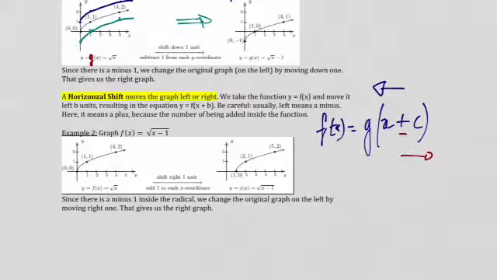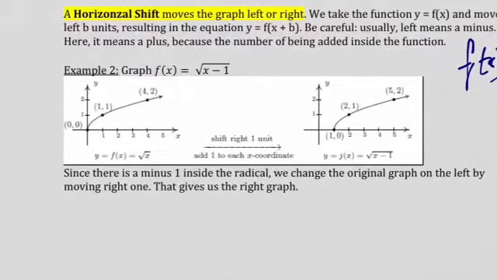Naturally, if I'm saying plus, you're going to think to the right, but it is the opposite of what you would think right away. If you look at example number 2, you will understand that what was x equal 1 is going to become 2, what was x equal 0 is going to become 1, and what was x equal 4 is going to become 5.